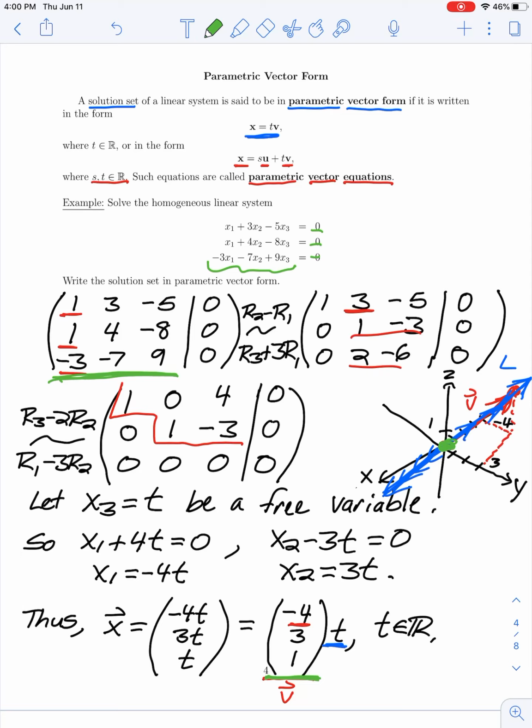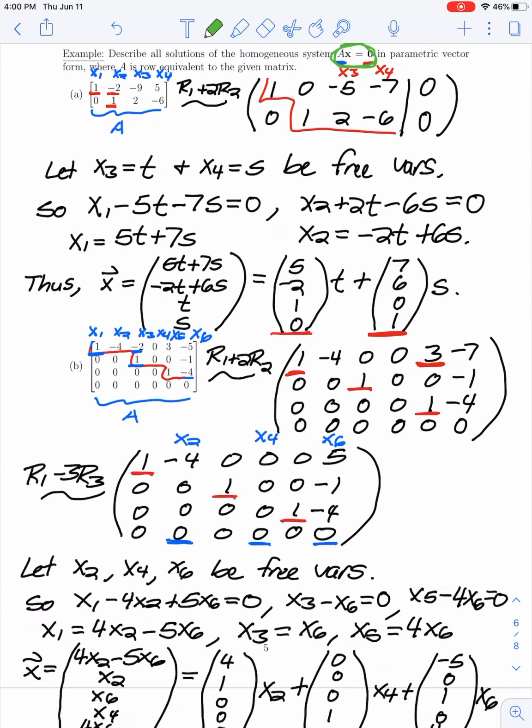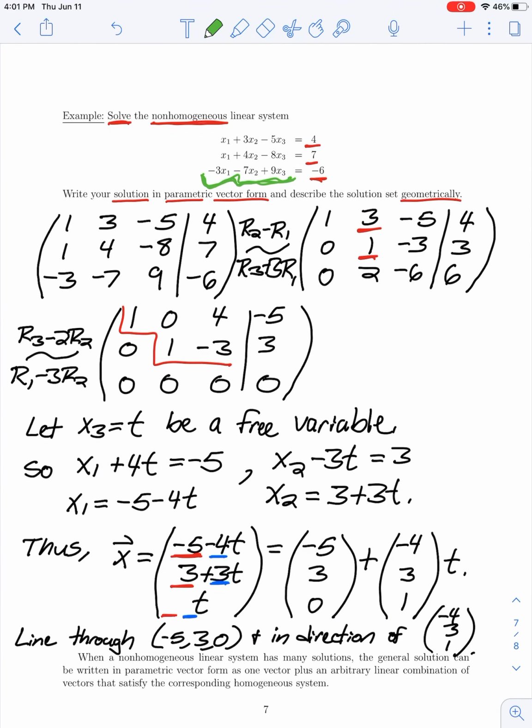Now, if we look at that same set of equations, but we change the right-hand side of our equations to be 4, 7, and negative 6, well, let's see how that changed our solution. Here, our solution was a line which has the same direction as the line that we saw in our earlier example for the homogeneous system. It moved in the direction of negative 4, 3, 1.